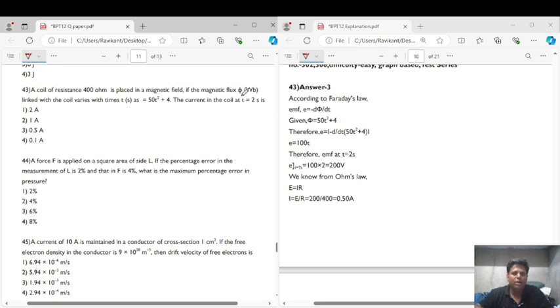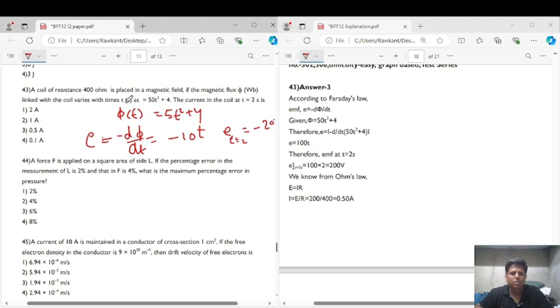Now flux is being given to us as 50 t square plus 4. So EMF induced is equals to minus d phi by dt. So this will be equals to minus 10 t, right? So at t is equals to 2 seconds, E will be equals to minus 20 volts.